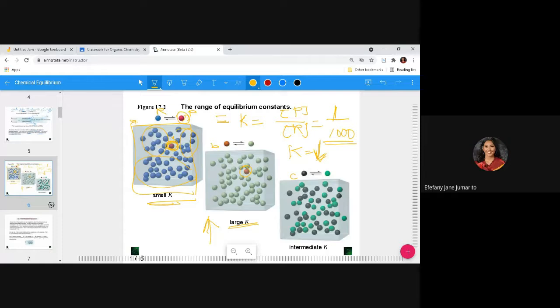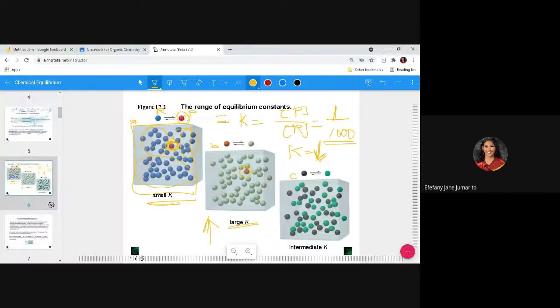Very good. Now if we have an intermediate, where the product and the reactant are the same, say 2 product divided by 2 reactant, what will be our K?